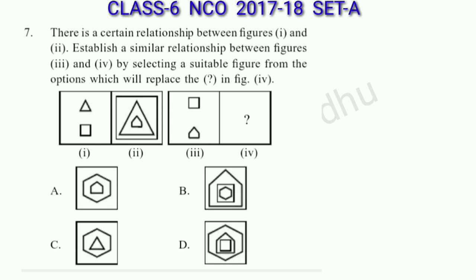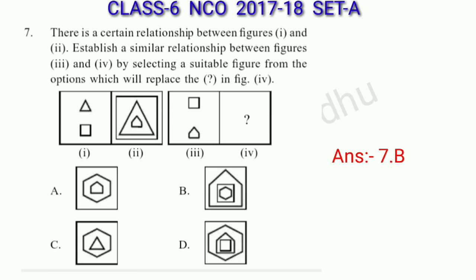The lower figure, that is the square, became the outer figure in figure 2I. Triangle has 3 sides, square has 4 sides, and the innermost figure in figure 2I has 5 sides. So if we apply the same rule in figure 3I and IV, figure IV will be option B.